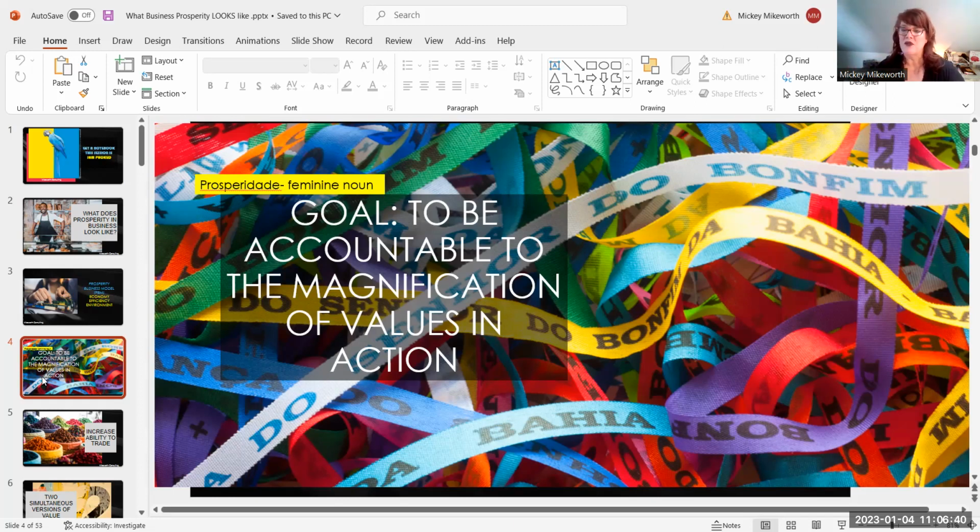They host lots of events and so forth, but prosperidade is a feminine noun. That's how you say it in Portuguese. Our goal today for being together is to be accountable to the magnification of your values in action. Prosperity is the ability to magnify.